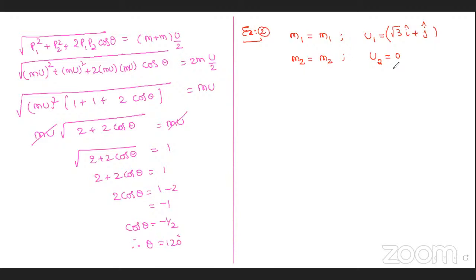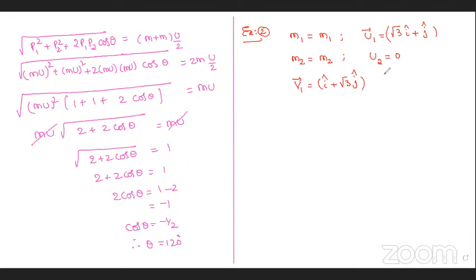After the collision, he said the first particle m1 has velocity v1 bar equal to i cap plus root 3 j cap. This is v1 bar.